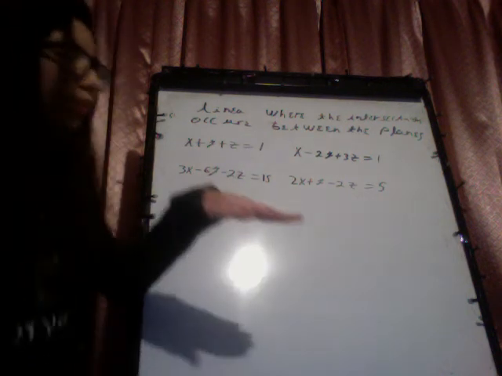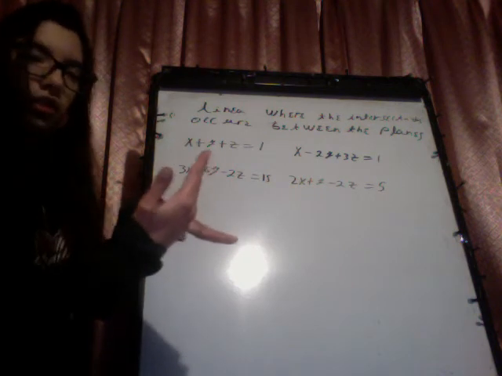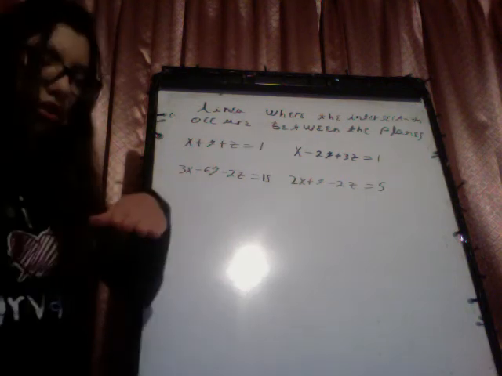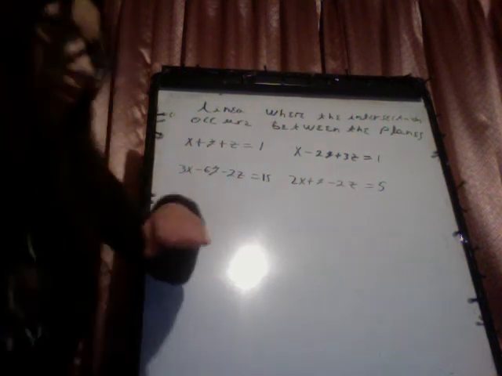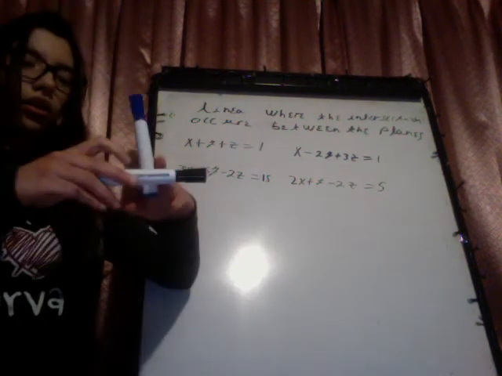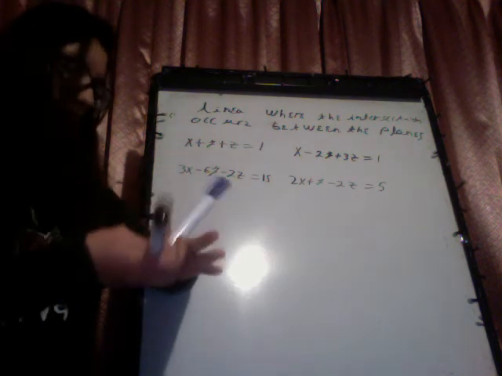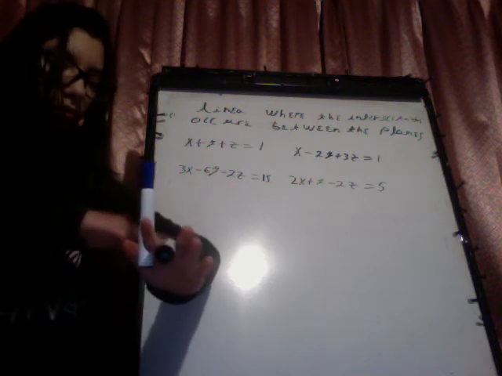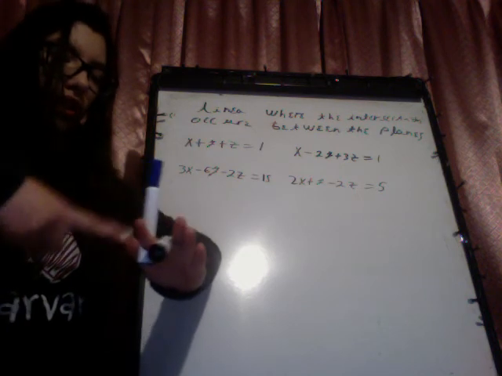We have this plane, this plane, and the line of intersection is along this line.